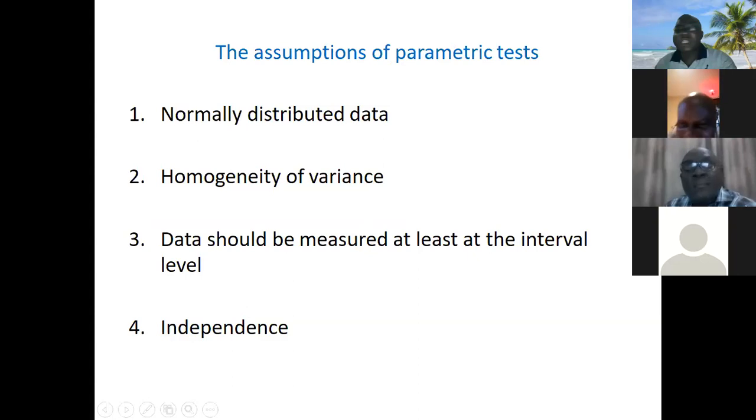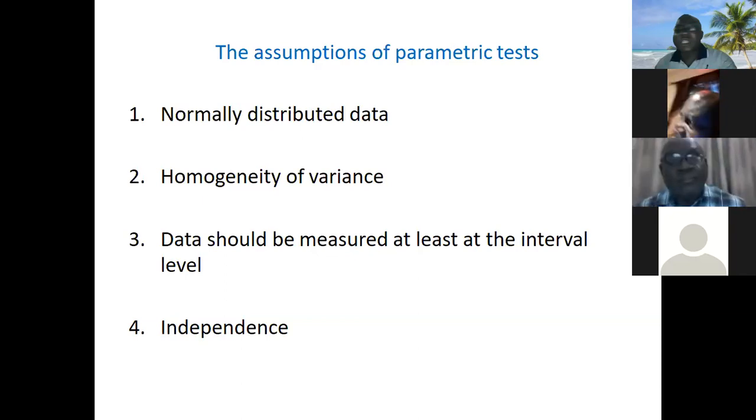Data must be measured at least at interval level. Remember our scales of measurement: nominal, ordinal, interval, ratio. Nominal and ordinal are for categorical variables. You can give numbers to ordinal data, you can rank it and give numbers. But interval and ratio are for quantitative variables, so it should be a quantitative variable.